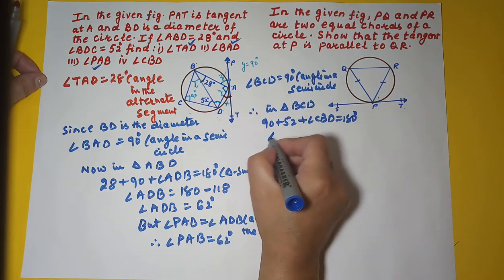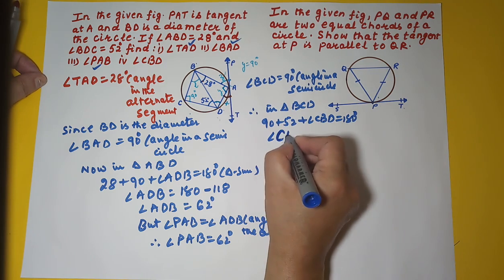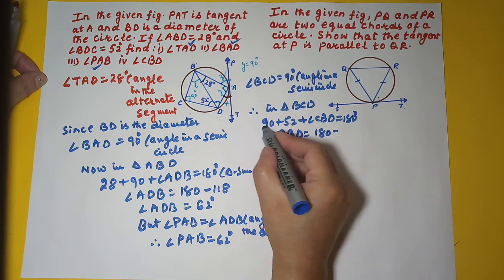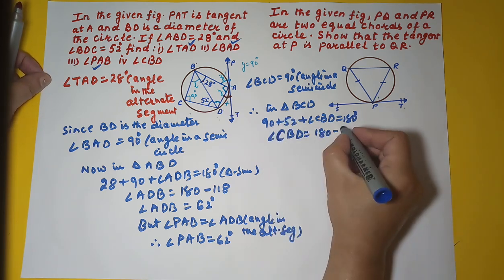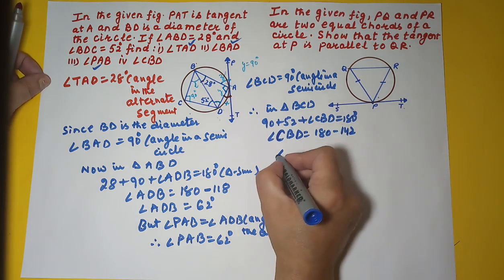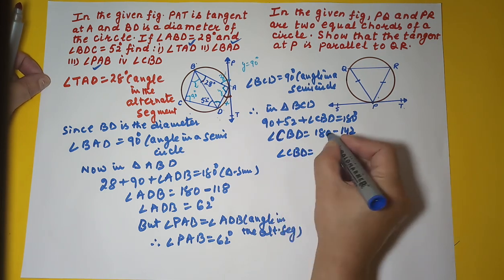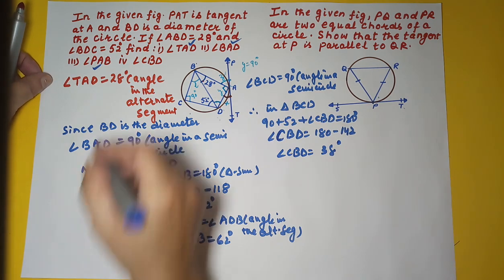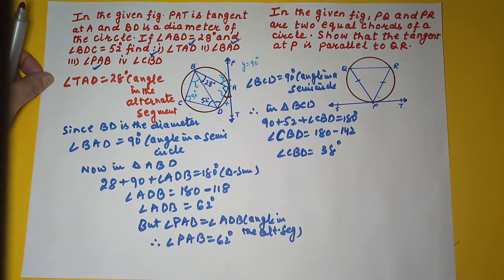Triangle sum property. So angle CBD is equal to 180 minus 90 plus 52, which is 142. So your angle CBD is equal to 38 degrees, right? So you have found all the angles here.